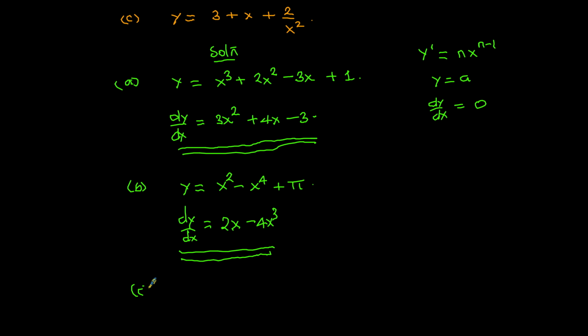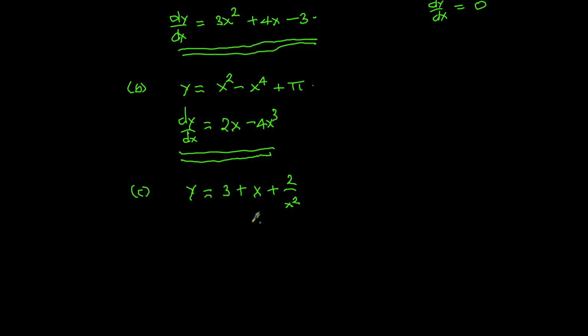Now the last part is y is given by 3 plus x and then plus 2 over x squared. Now let's rewrite this function, the last term, as a linear expression.